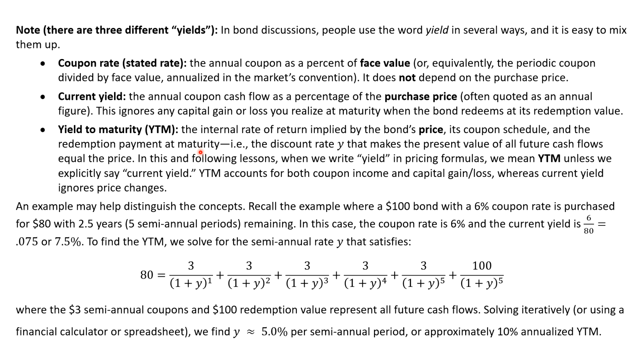And we're going to get into the details of this later on. So this is the first time you'll see it, but we'll reinforce the idea as we move along. And then just a note here, when I say yield later on in these lessons, I typically mean YTM unless I state otherwise.